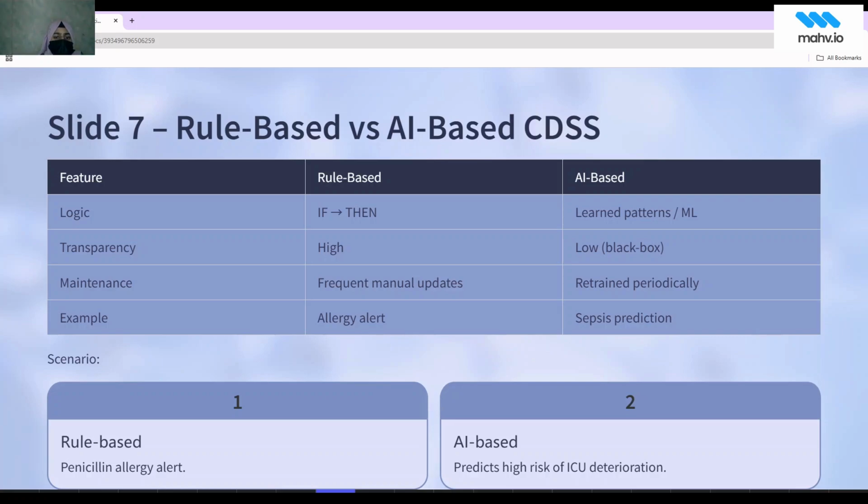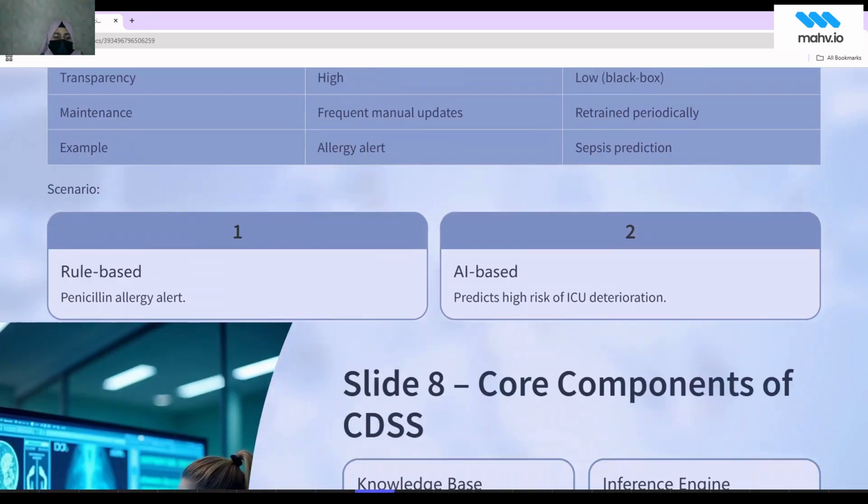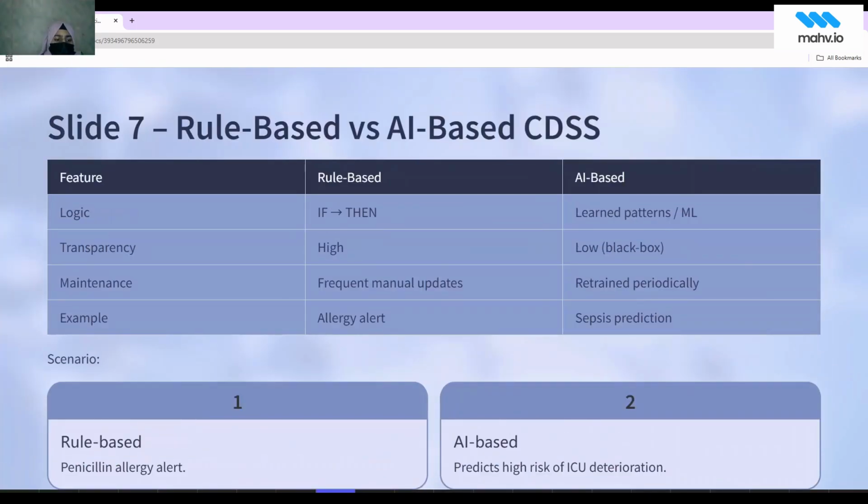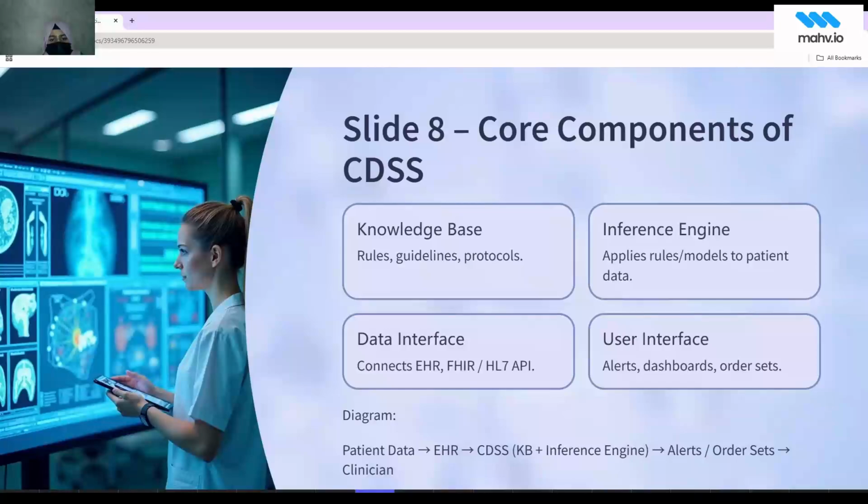Transparency is high in rule-based and low as compared to AI-based. For maintenance, frequent manual updates are needed in rule-based, while AI-based is retrained periodically. An example of rule-based is an allergy alert, and AI-based is sepsis prediction. So basically, a rule-based example is just a penicillin allergy alert. AI-based is just like predicting high risk of ICU deterioration.